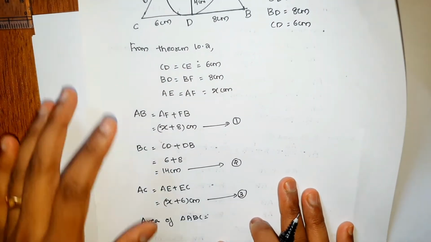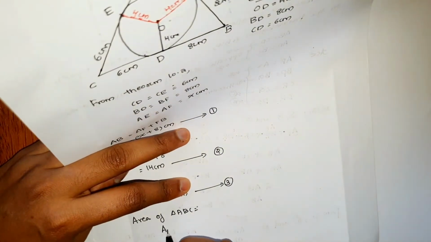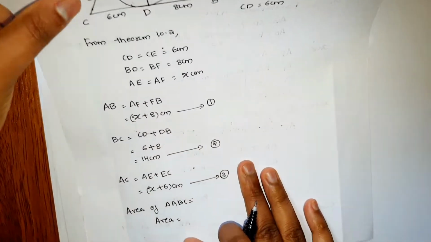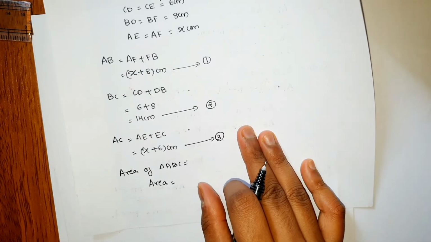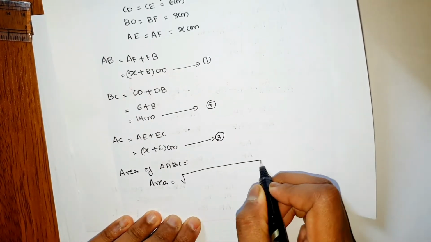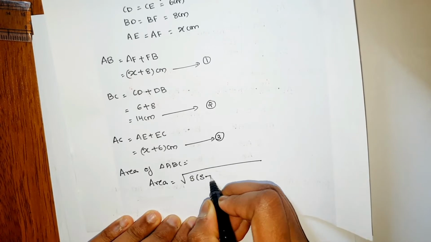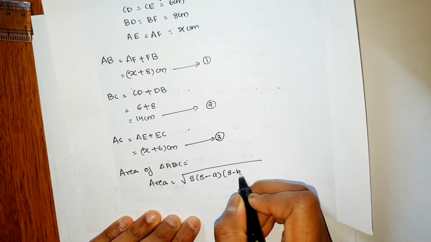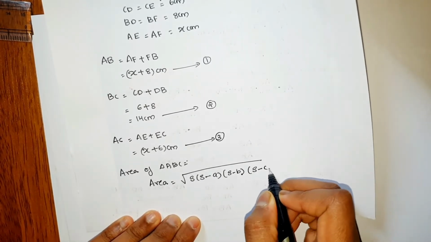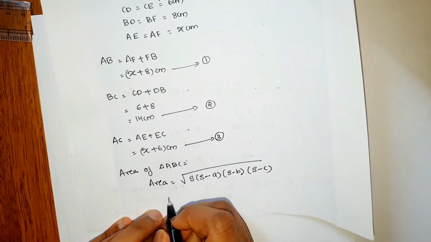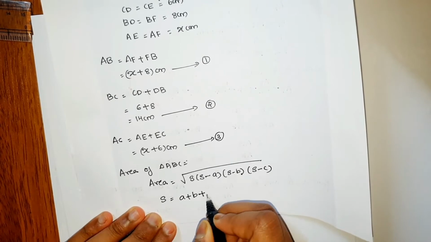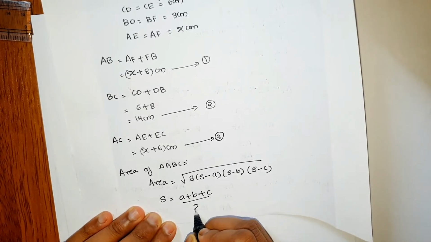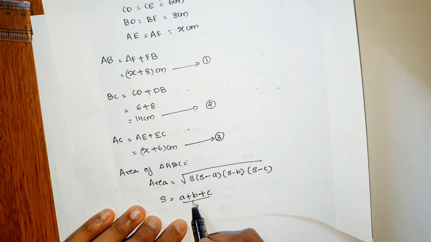Area of triangle ABC is equal to root of S into S minus A into S minus B into S minus C. And what is S? S is equal to A plus B plus C by 2, where A, B, C are sides of the triangle.